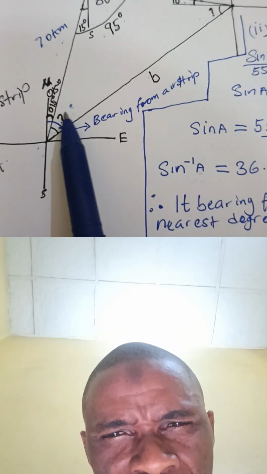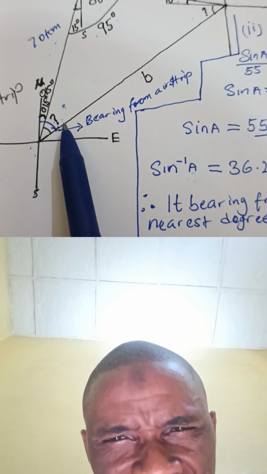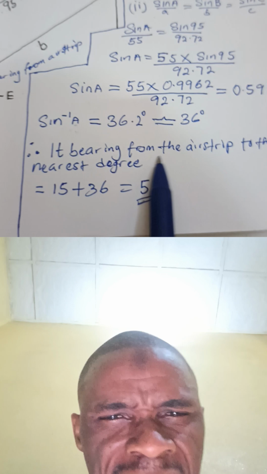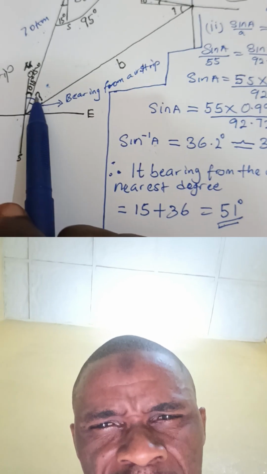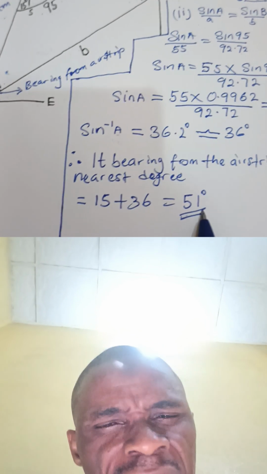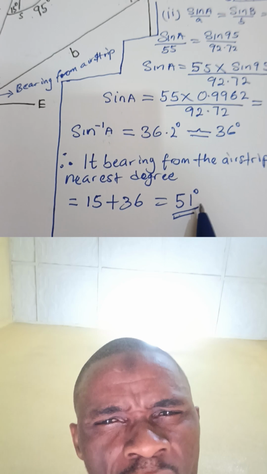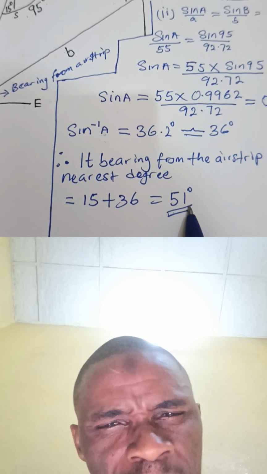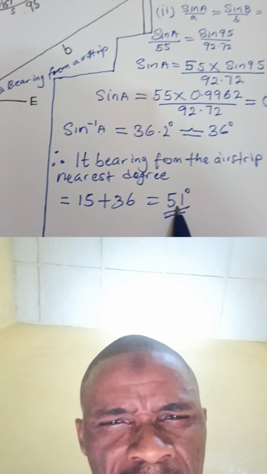Which means this angle here is 36 degrees. So our bearing from the airstrip to the nearest degree will now be this 15 plus this 36 degrees. So we now add it together. This is the bearing of that airplane from the airstrip, or from the starting point.